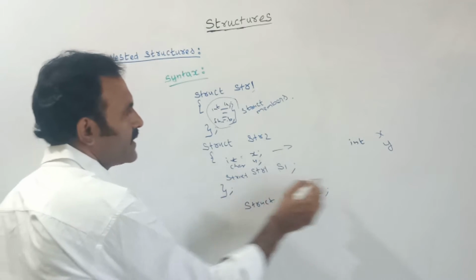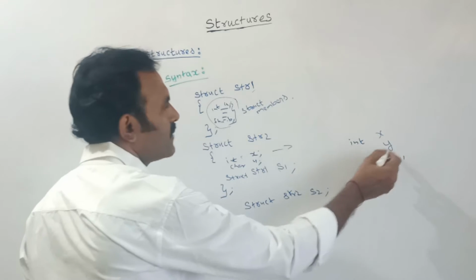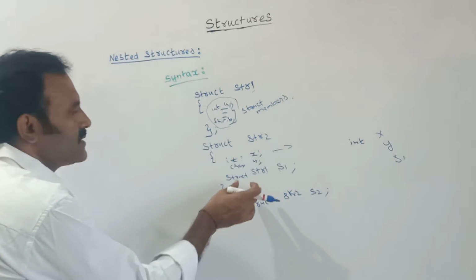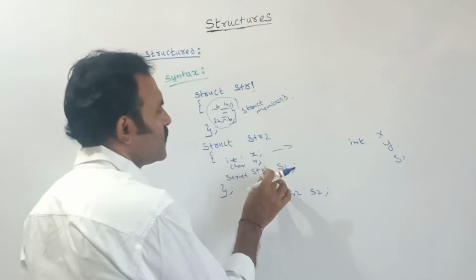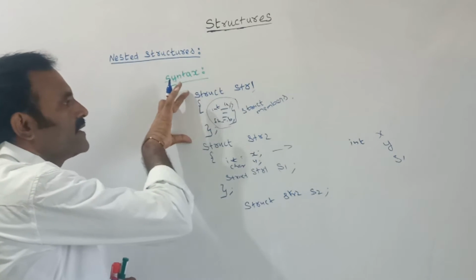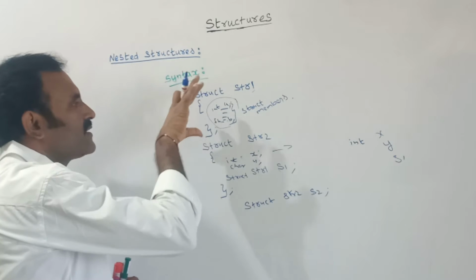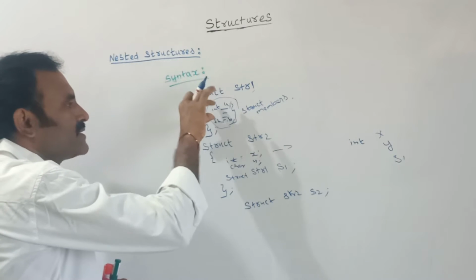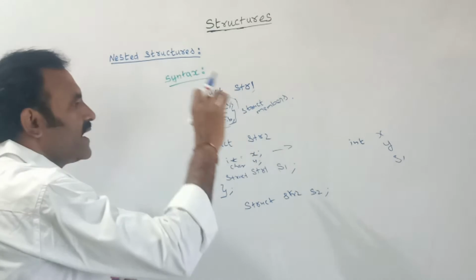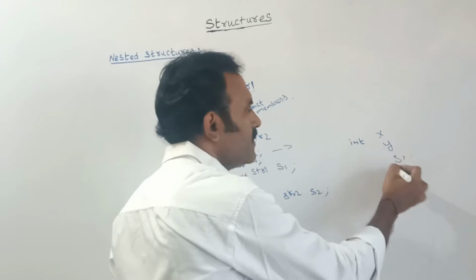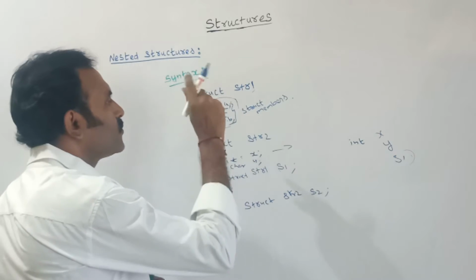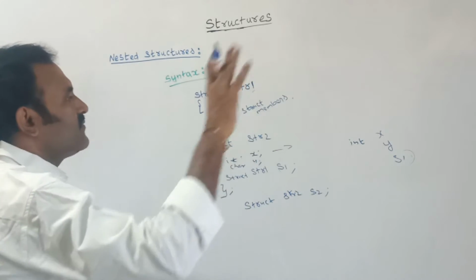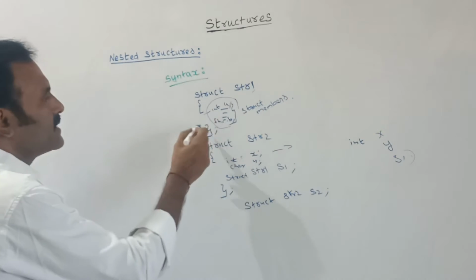In the same way, in s1, what type of data can I store? This is user defined data. I had already defined the structure str1 for this s1, so whatever data I mentioned in that structure, that kind of data I can store for the variable s1. For this structure I can store two data types, integer and float.